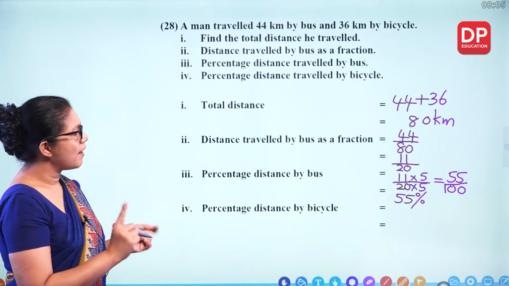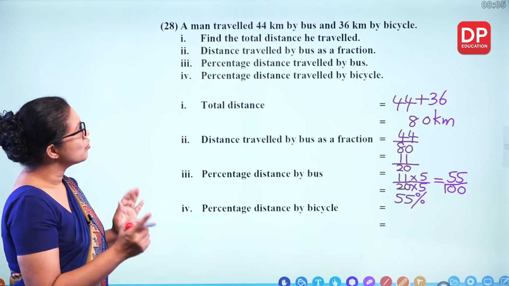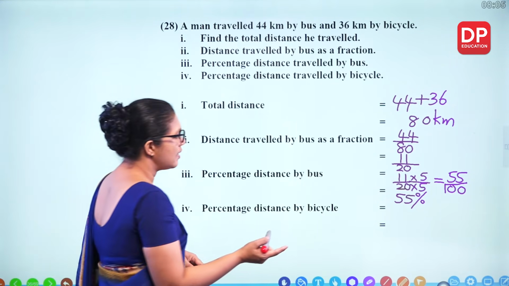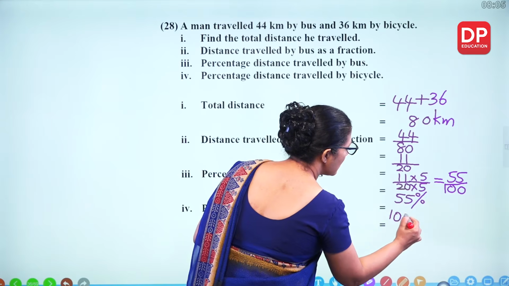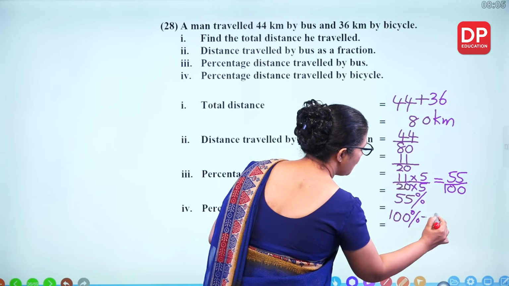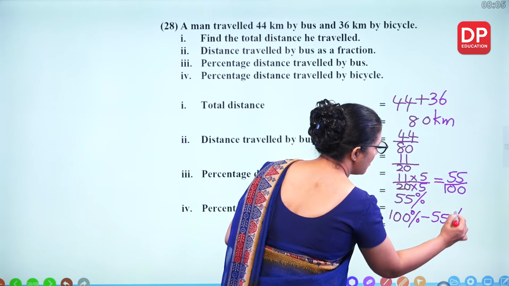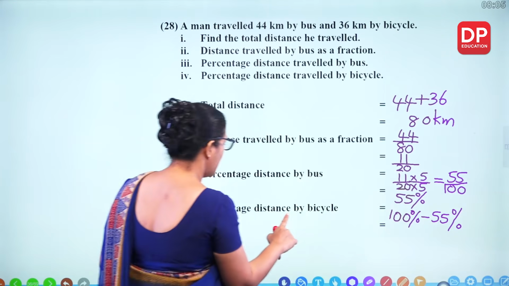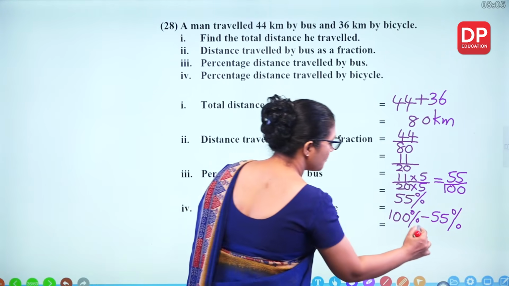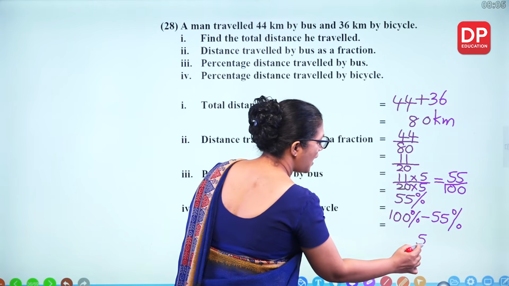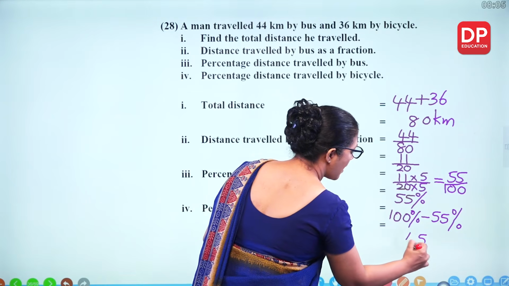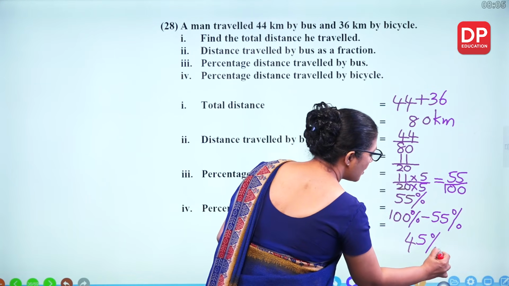So you can subtract from 100. So total is 100% minus 55% is the percentage travelled by bicycle. 5 and 5, 10 and 6 and 4, 45%.